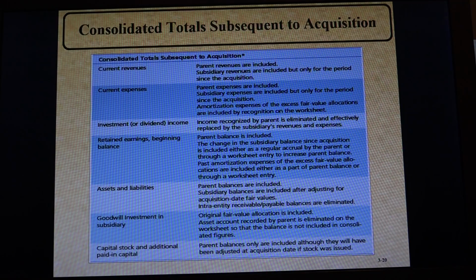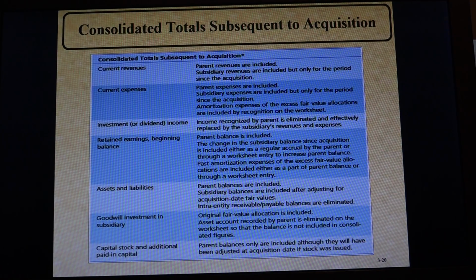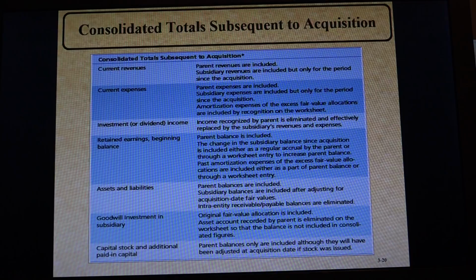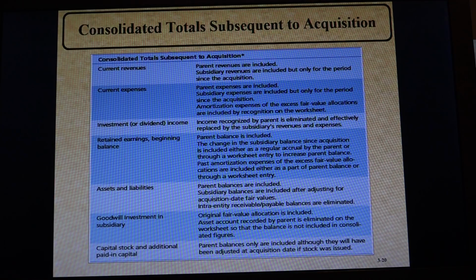So that's your book value. 820 is your credit, and then your debit's going to be to common stock, additional paid in capital, and $600,000 retained earnings of the sub. That's your debit.